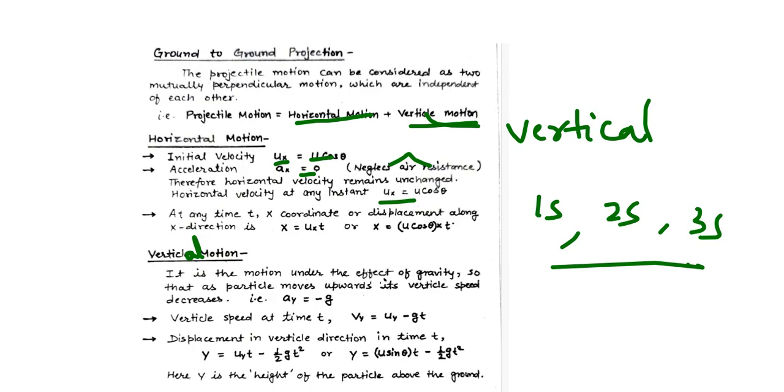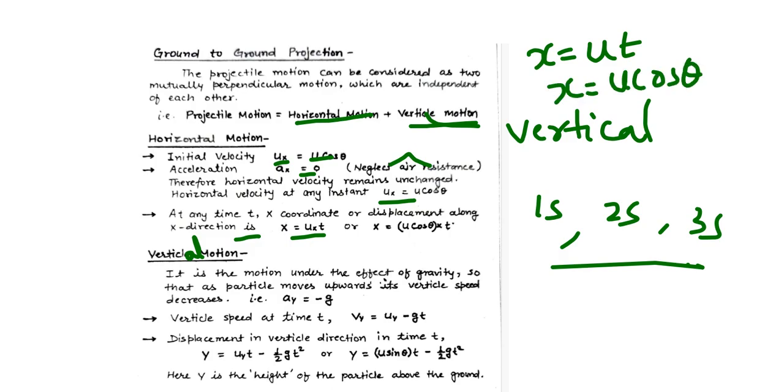At any time t, what is the x coordinate or displacement along the x direction? x is equal to velocity into time, so x is equal to ux into time. So x can be written as u cos theta multiplied by time. Now consider vertical motion. This is happening under the effect of gravity alone.